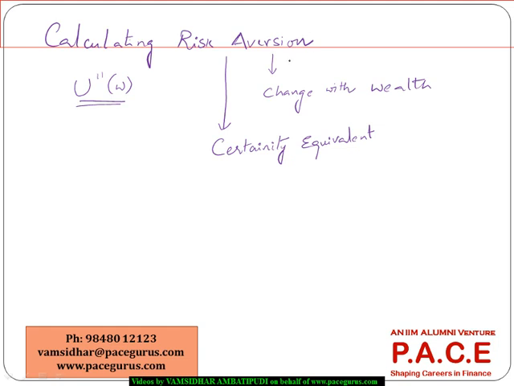For example, if I assume that the current wealth of a person is $1,000, and now there is a gamble that is available for him, which is a fair valued gamble, saying he can gain either $100 or he will lose $100 with equal probability.